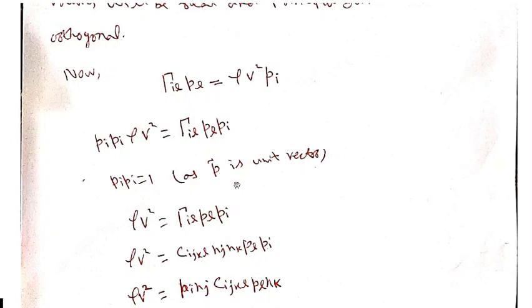We know that as p is a unit vector, if you open the summation on I, you will have p1 square plus p2 square plus p3 square, and this should be equal to 1. Why is it 1? Because our p is a unit vector, so it must be equal to 1. So here it will be rho v square, and on the right hand side we have gamma IL PL PI.